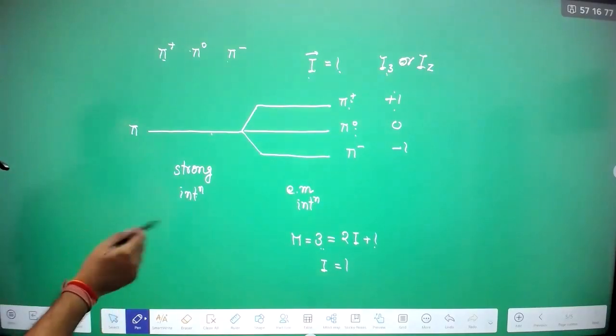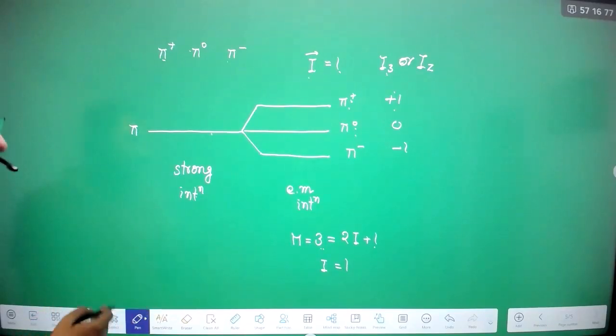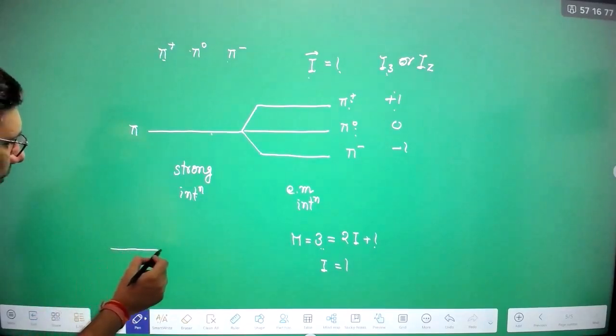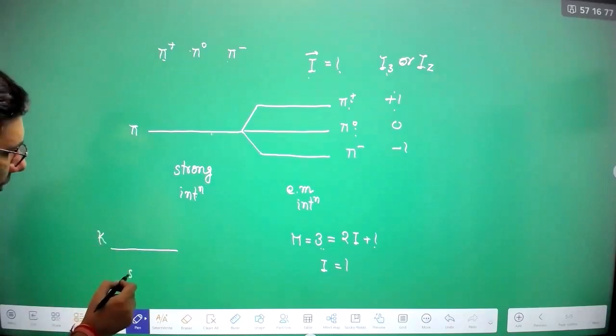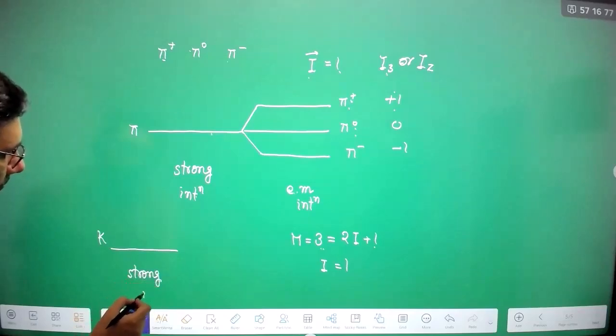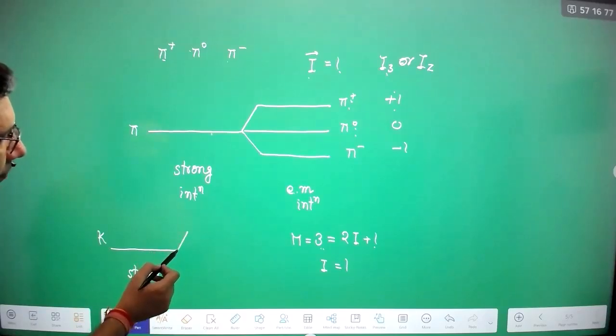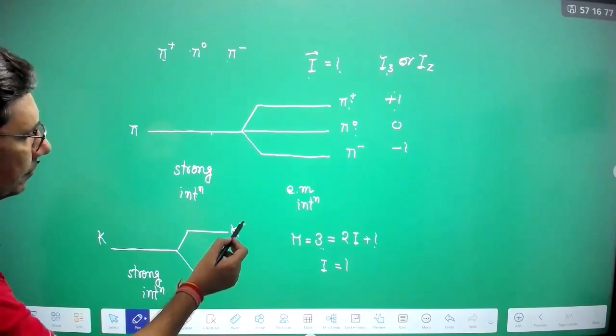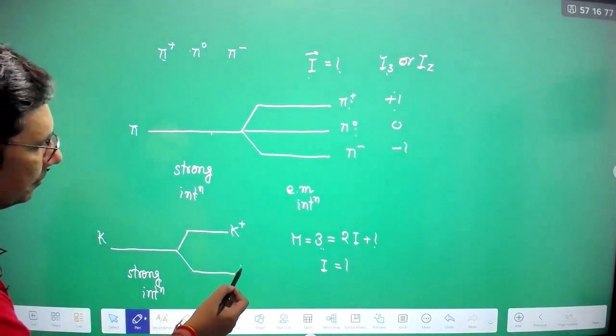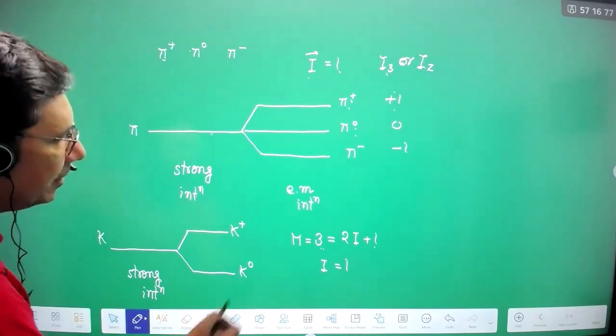If you consider these K particles, they are also going to possess this. If you consider these K particles like K plus, this is a K state in strong interaction. But this single particle state will split into two states. One will be K plus and another will be K naught, or K neutral.